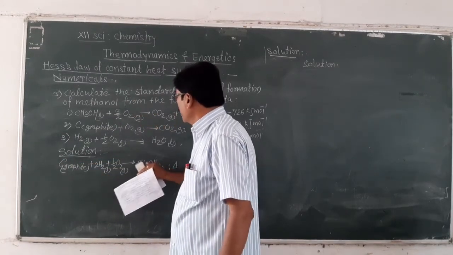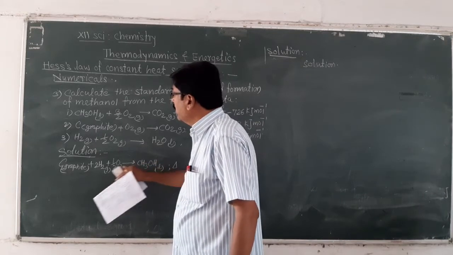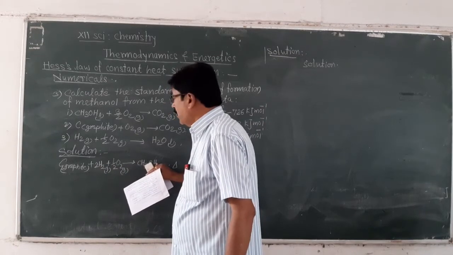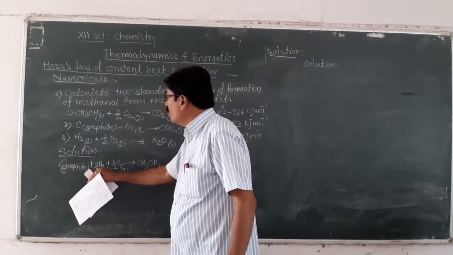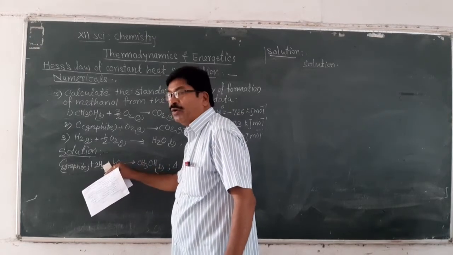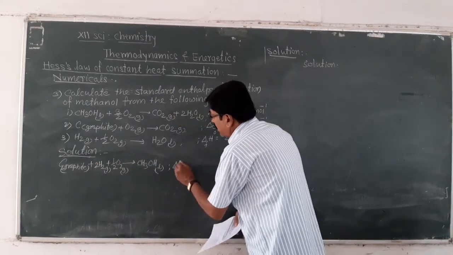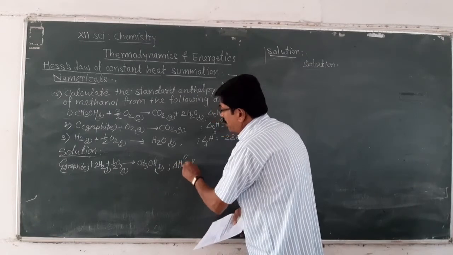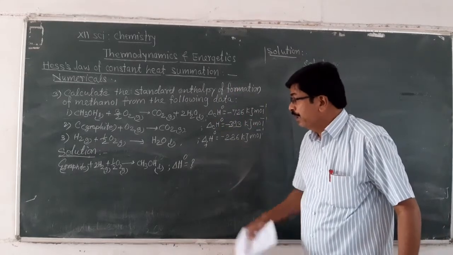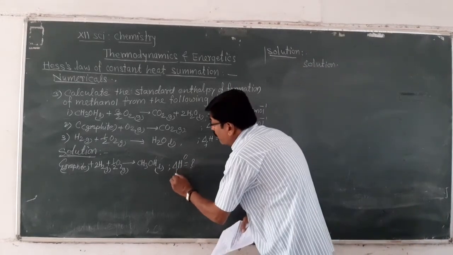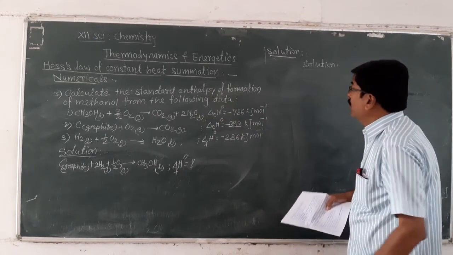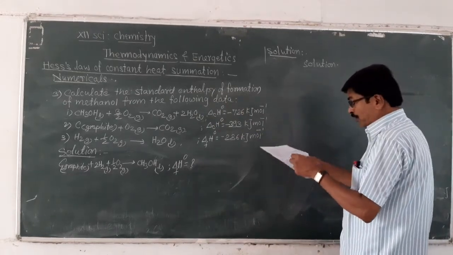There are 4 hydrogen atoms, H3 plus 1, that means 4 hydrogen atoms, that means 2 hydrogen molecules, and only 1 oxygen atom is half molecule. In this way, this equation is to be balanced, and we have to calculate the enthalpy of formation of methanol, delta H not F.